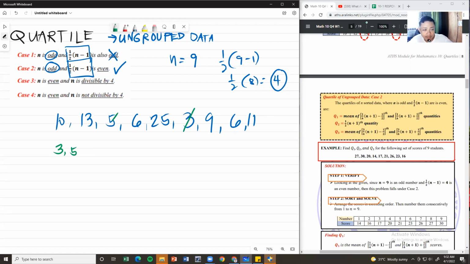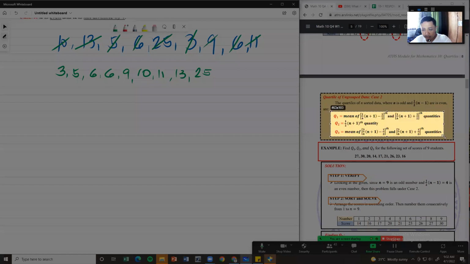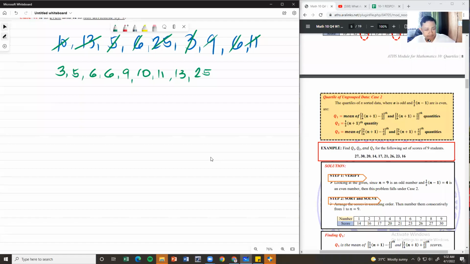You may put a slash so we don't get confused. 6, 6, 9, 10, 11, 13, and 25. So now our set of data are already arranged. Let's now simply follow these formulas for us to do this flawlessly.